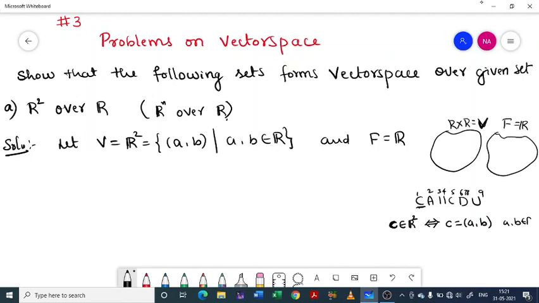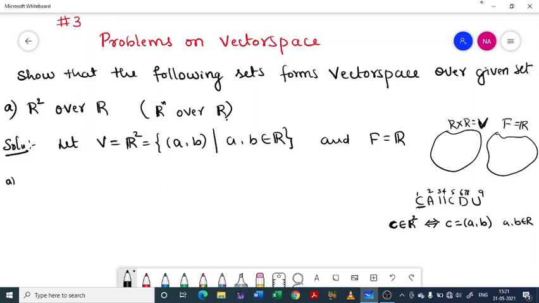This is very important: how the elements of R square look like. If c belongs to R square, then c is a pair (a, b). If there is any pair (a, b) where a and b are real numbers, then that pair belongs to R square.